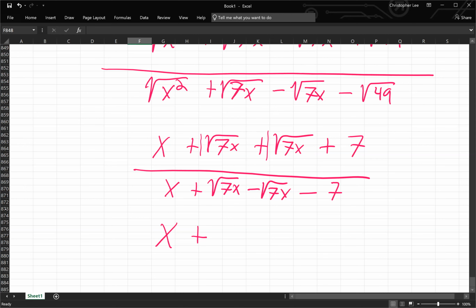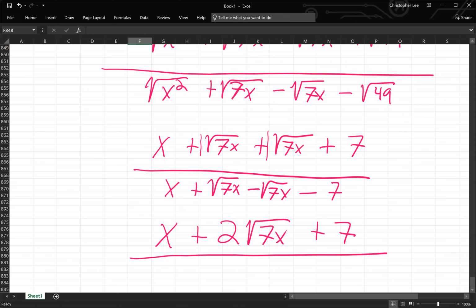How many of them are there? We're adding the square root 7x and the square root 7x. What does that become? 2. Yes. 2 square root 7x plus 7.